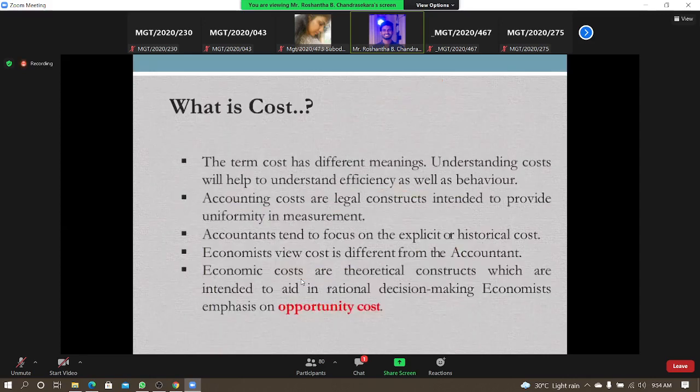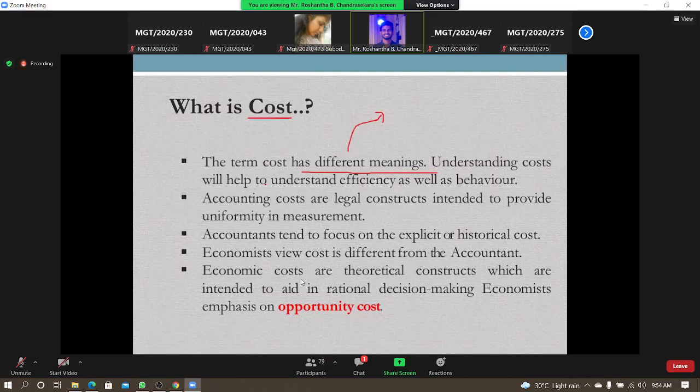So what is cost? Cost has different types of meanings. We are finding out this cost meaning.